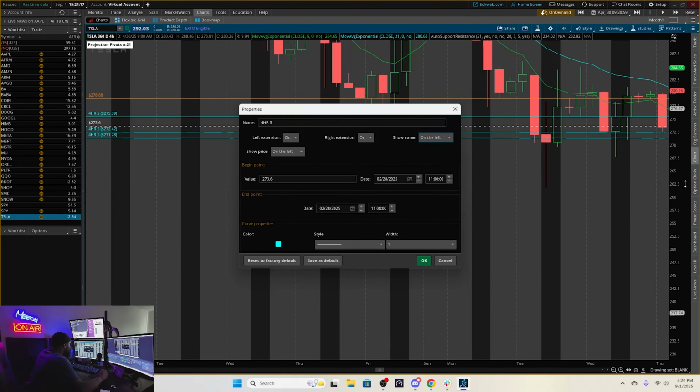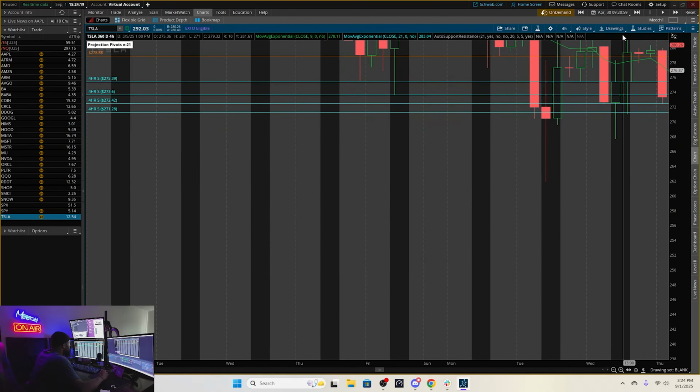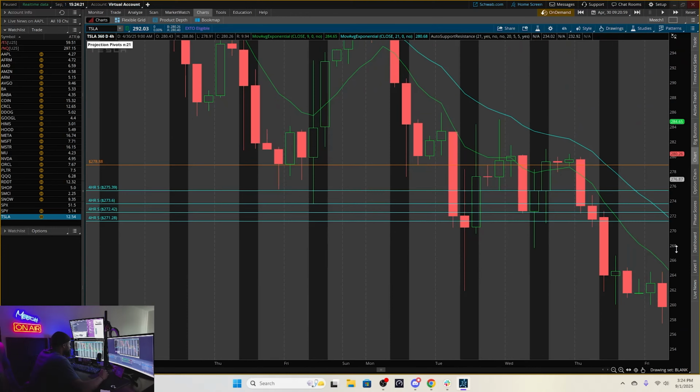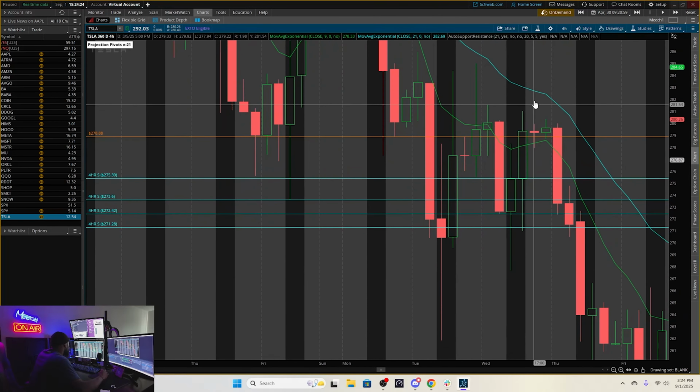The lines look close because of the way I'm zoomed. Let me fix this so you can see it better so it doesn't look too close. Okay.